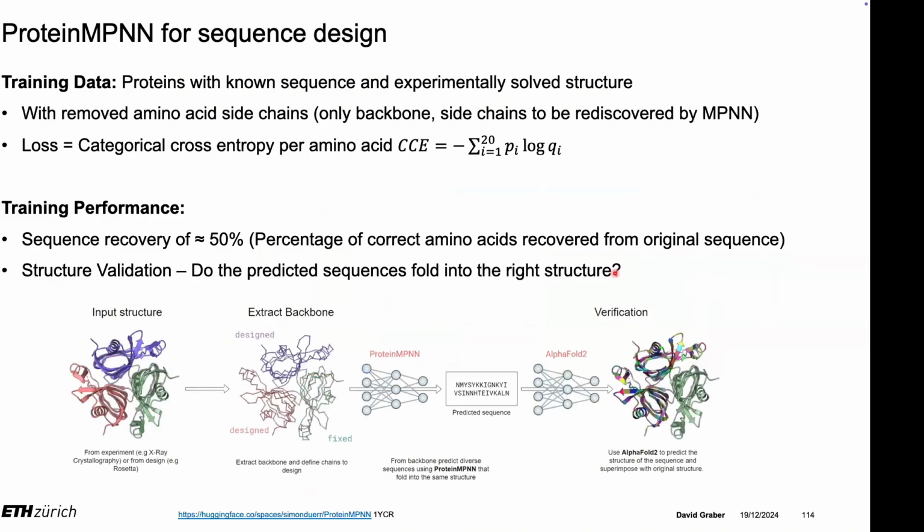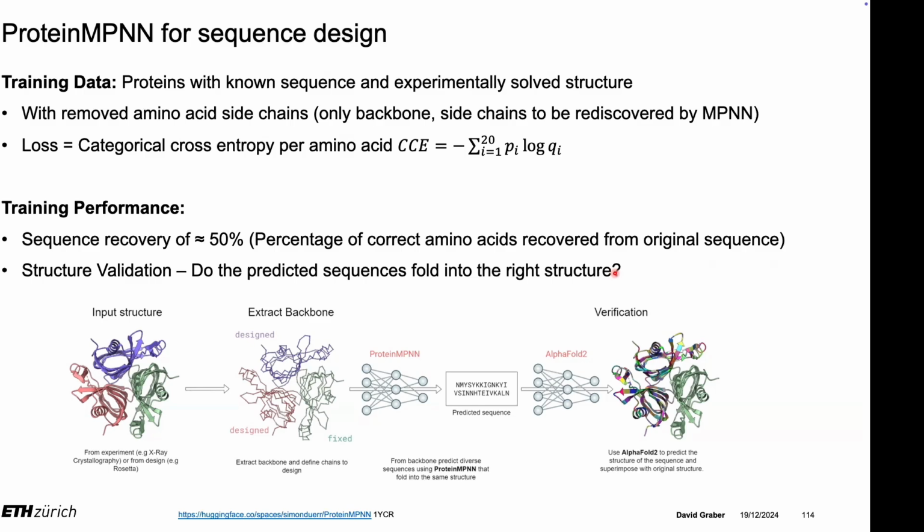Good. So if that is clear, then I will continue with the training of this model. The training data is a data set of proteins with known sequence and experimentally solved structures. Then they take all these protein structures and remove all the amino acid side chains. They reduce them to only the backbone, and then ProteinMPNN is trained to rediscover these sequences, these amino acids, I'm sorry, that were previously in this protein.